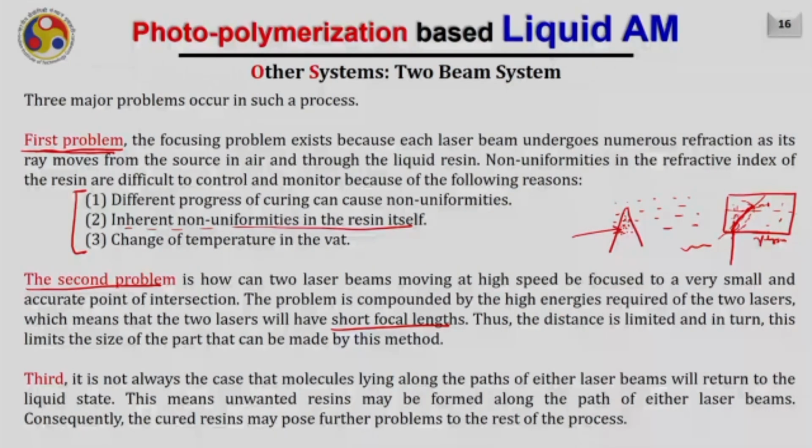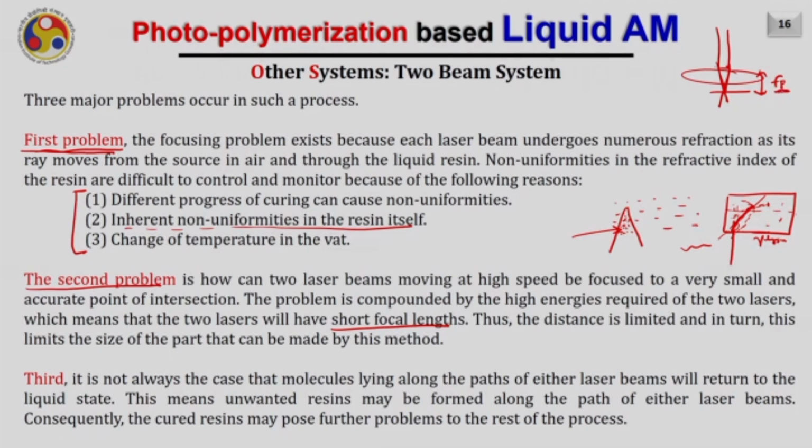Why so? If we have a high power laser, that means we have to increase the power density, and it is possible if we use the focal length, and further it will be converted to a very small diameter. As we are making it a very small diameter, the focal distance is quite less in that case.